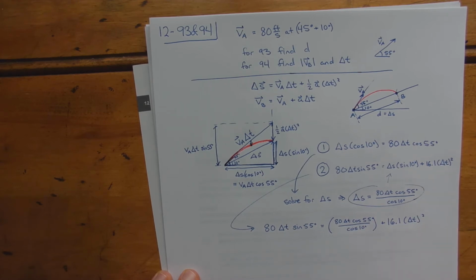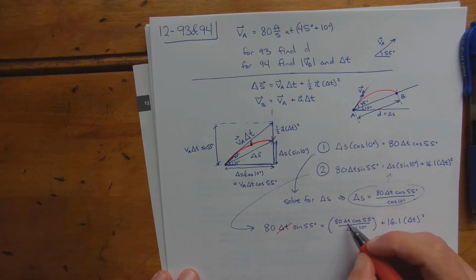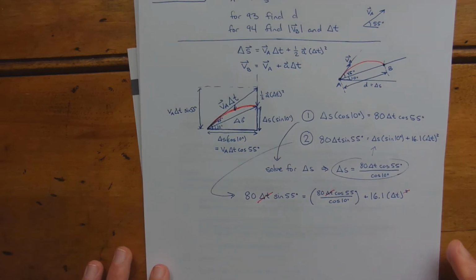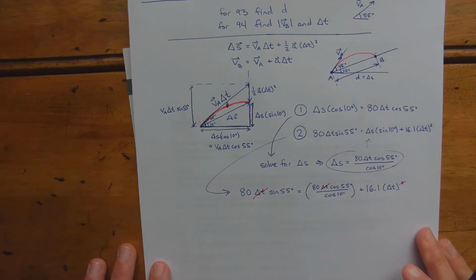This equation is kind of nice because there is a delta t in each term and there's a delta t squared here, so you can cancel out one of those delta t's, which is what you would get by dividing everything by delta t. And now we just have one delta t left. Because we didn't have any terms without a delta t, we didn't end up having to use the quadratic formula, which is very nice. And so now we can just solve for delta t.